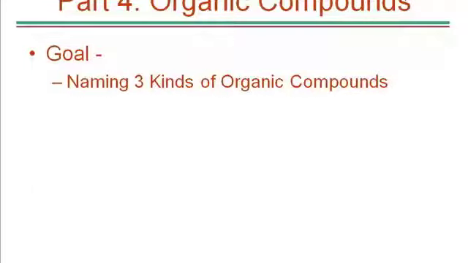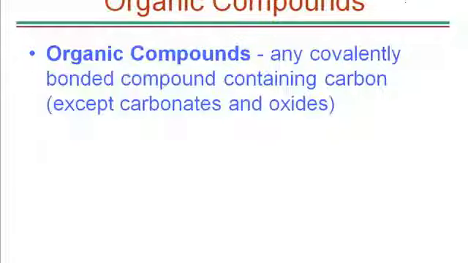This next piece is to be able to recognize the organic compounds, the hydrocarbons, and be able to name them. So again, to recall, organic compounds are any covalently bonded compound that contains carbon.